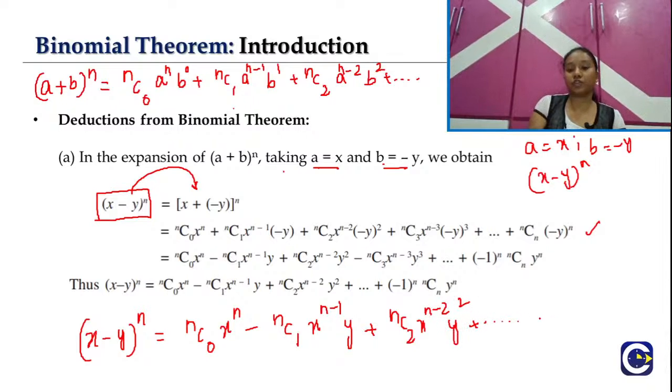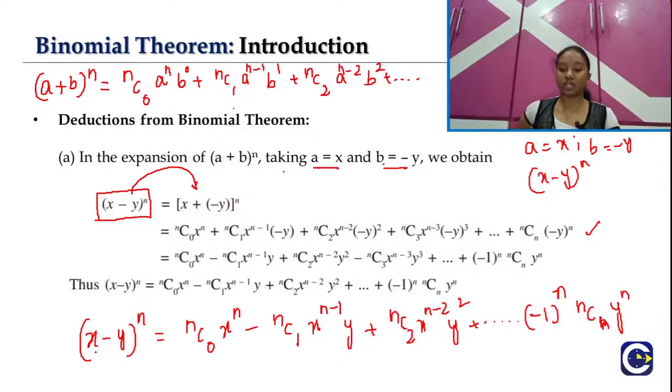What will be the last term? We don't know whether it's plus or minus, so let's take minus 1 whole power n, because whether it's plus or minus depends upon the value of n, as that is the power of our second term. So it will be minus 1 whole power n nCn y power n, because in the last term our x power becomes 0, which is 1. So this will be our generalized outcome after replacing a and b with x and minus y. This is one of the deductions we can make from the binomial theorem.